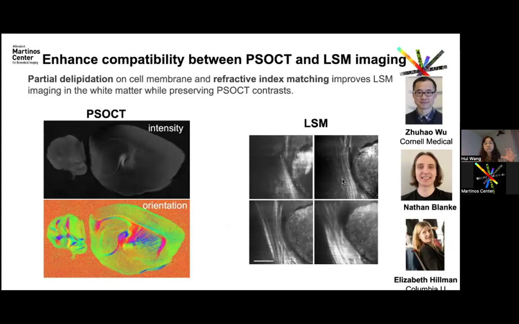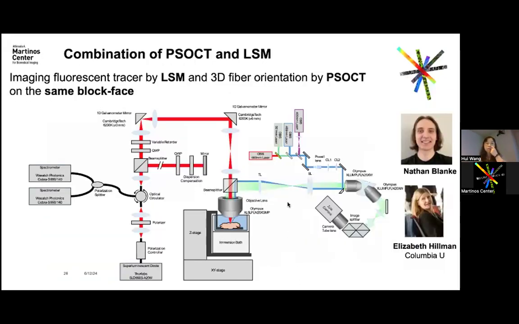There's no orientation, but the fibers really light up at a much higher resolution. This is zoomed out, but they do show individual axons if you zoom in. So with this problem solved, we're making progress in combining the light sheet microscope with PSOCT.